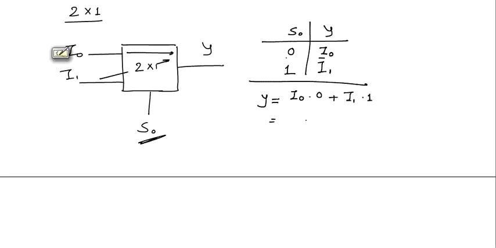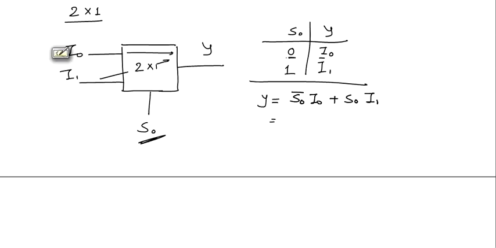Sorry, now output Y will be written as, this 0 will be written as S0 bar into I0 plus S0 into I1. This will be the output of this 2 is to 1 multiplexer.